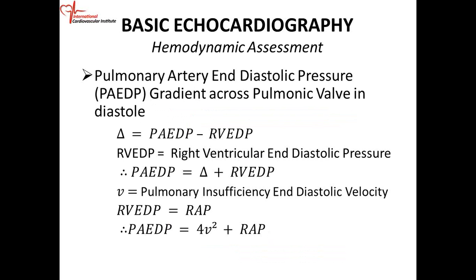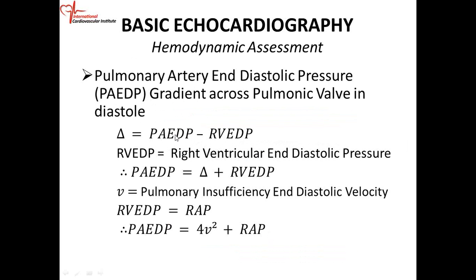So the gradient is equal to the pulmonary artery end diastolic pressure minus the RV end diastolic pressure, because blood is flowing from the pulmonary trunk into the right ventricle. That cannot occur unless the pressure in the pulmonary trunk is greater than the pressure in the RV in diastole. That's the only way that can occur.